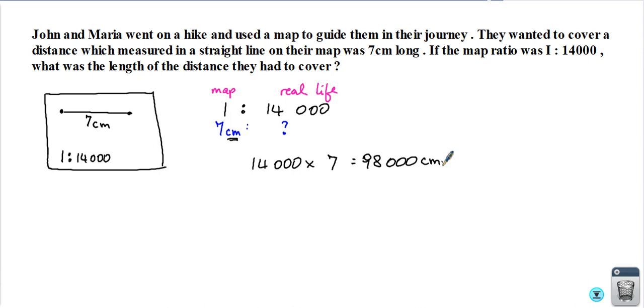But if I'm told, for example, give your answer in meters, to change from centimeters to meters, I must divide by 100. So divided by 100, that would be 980 meters. If I was asked, for example, to give my answer in kilometers, I have to divide by 1000. And my answer would have been 0.98 kilometers.